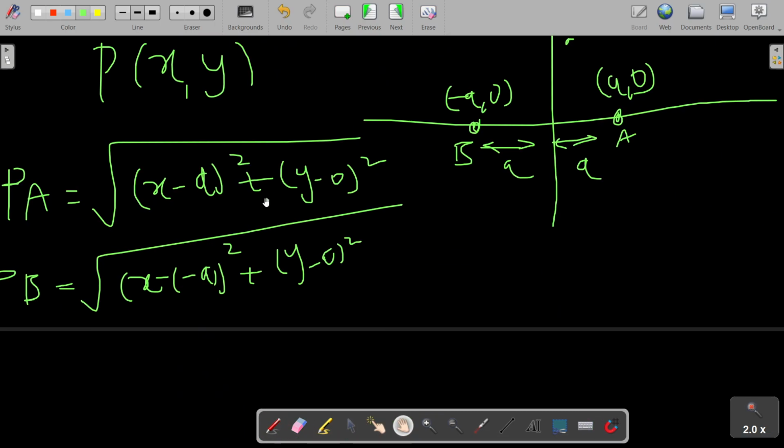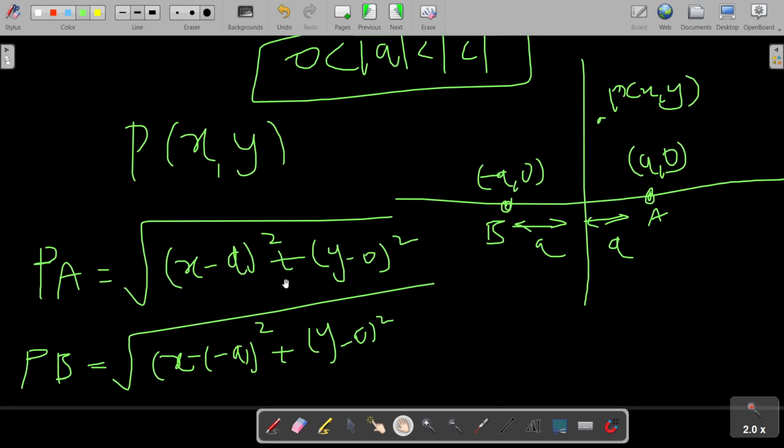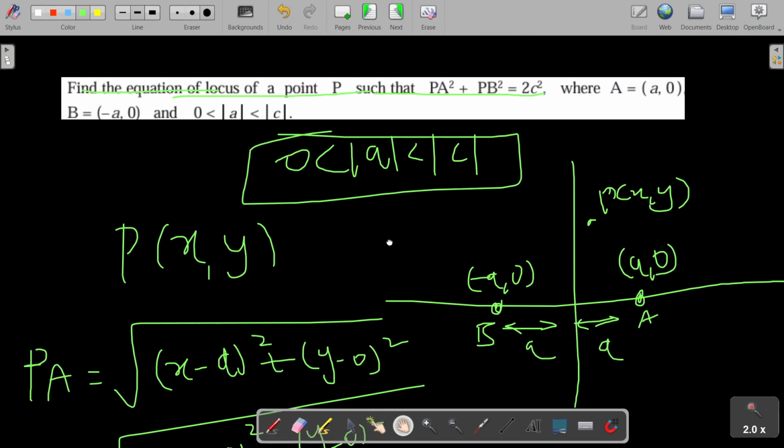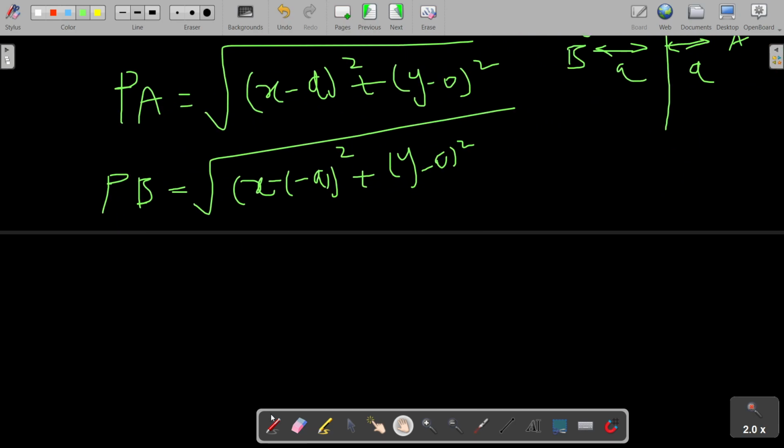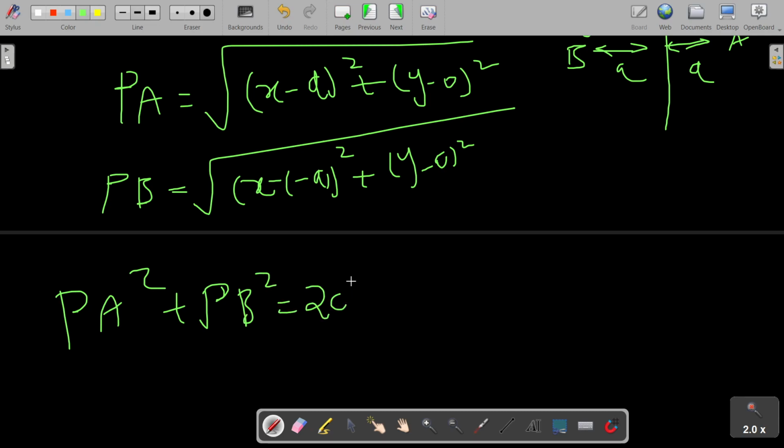So what is the given condition? The given condition is PA squared plus PB squared is equal to 2c squared.